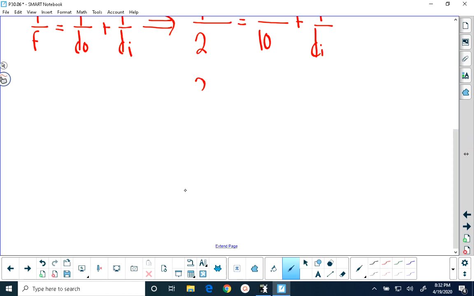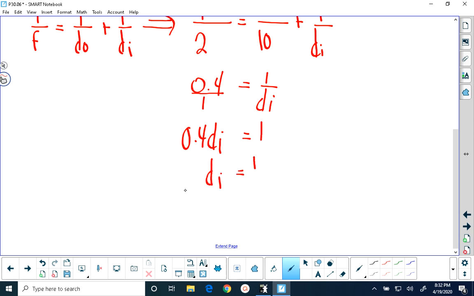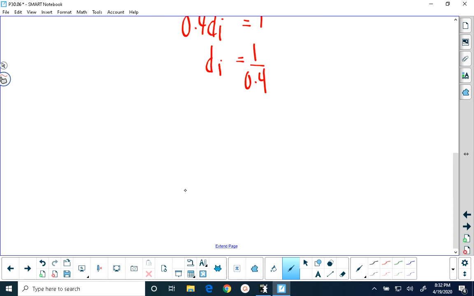So we get 0.4 equals 1 over dI, which means if you cross multiply, you get 0.4 dI equals 1, or dI equals 1 over 0.4. And you can calculate that on your calculator. You'll get 2.5 centimeters. Now we know what dI is.